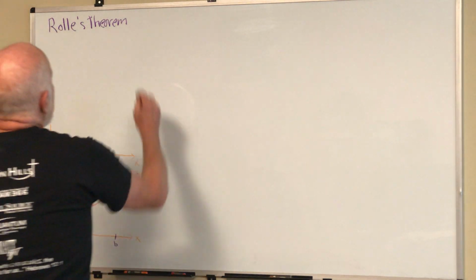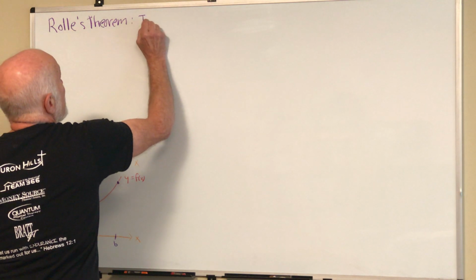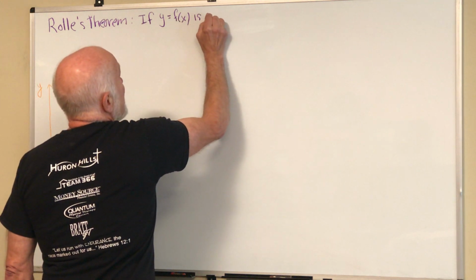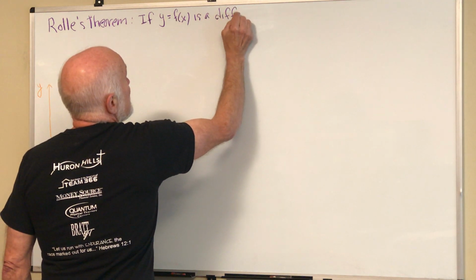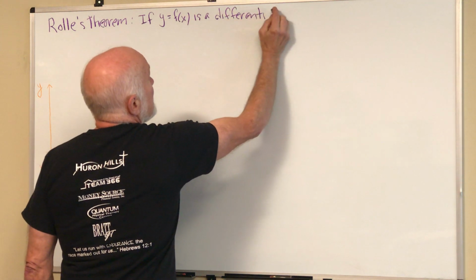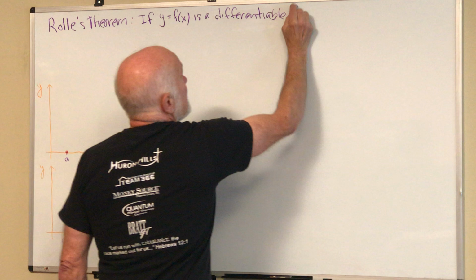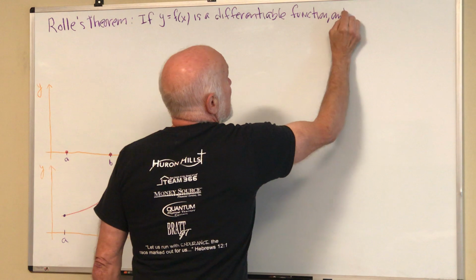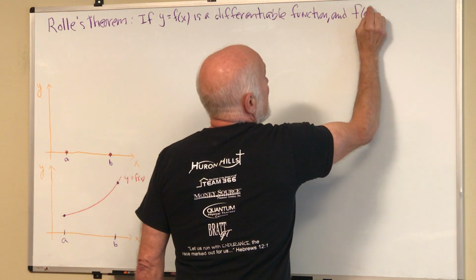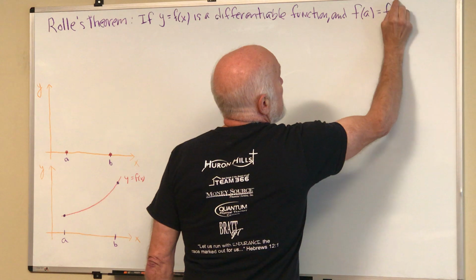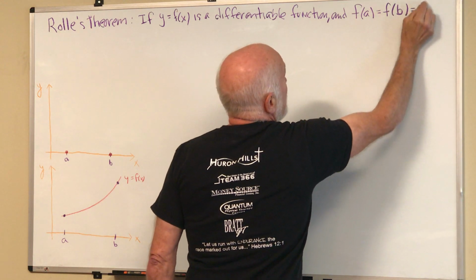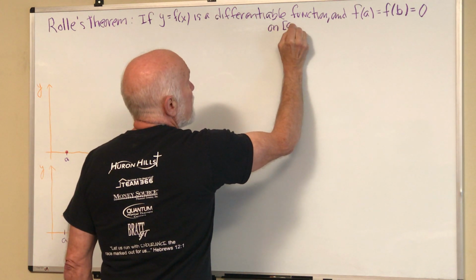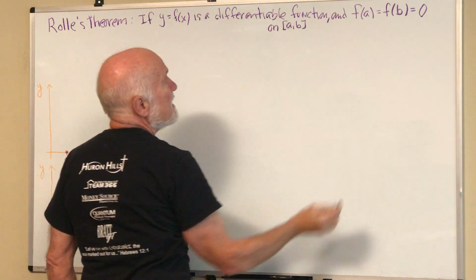So anyway, Rolle's theorem says if y equals f of x is a differentiable function, and f of a equals f of b equals 0. And I should say a differentiable function on the interval from a to b.